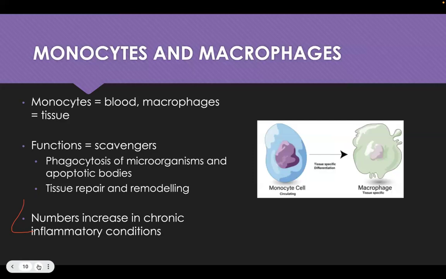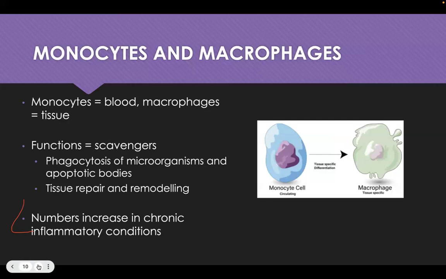And they also remove damaged tissues, so they can secrete enzymes like collagenases to help tissue repair, help with remodeling, and with homeostasis. And in terms of their appearance, they are the largest white blood cells and they have a distinct kidney bean shaped nucleus.